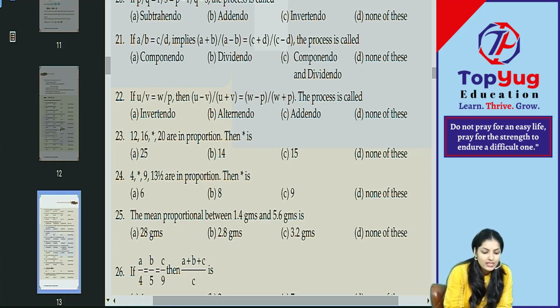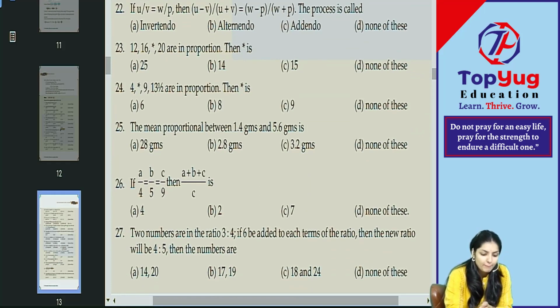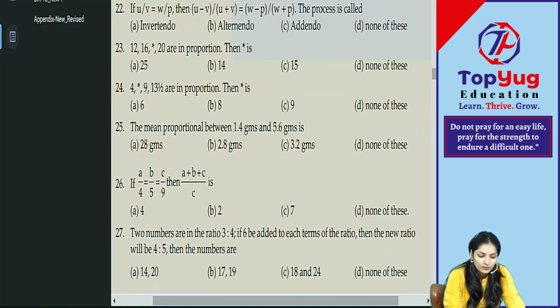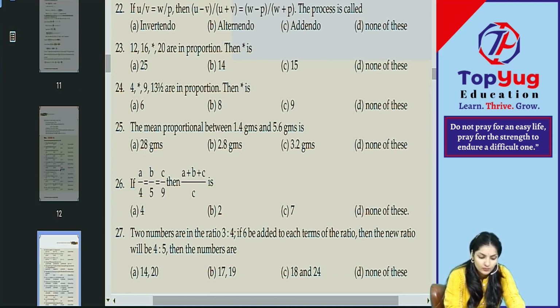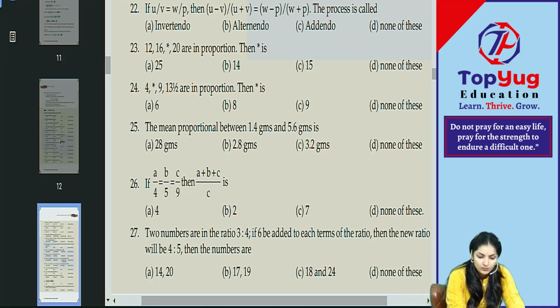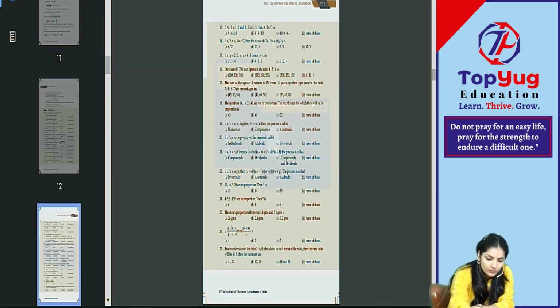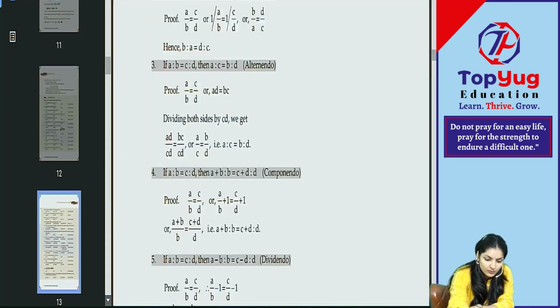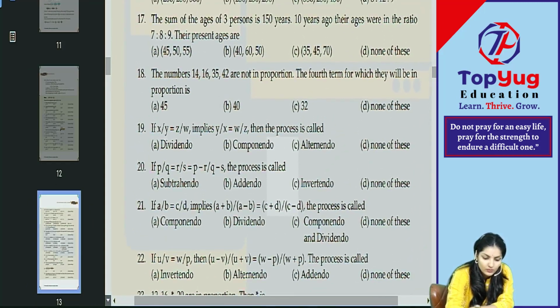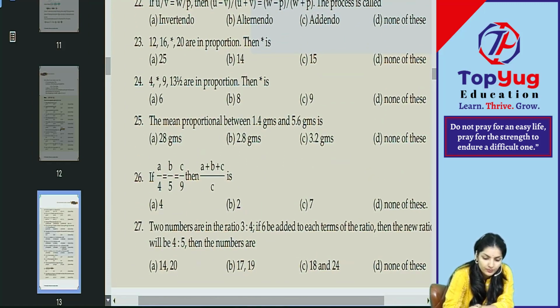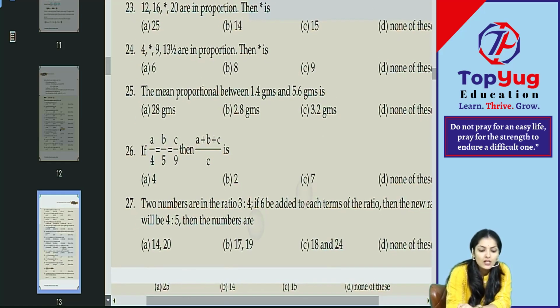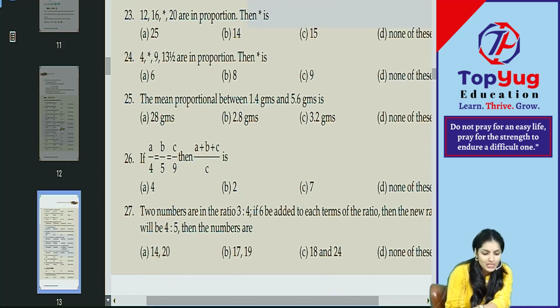Yeah, it is none of these because we don't have anything like this. Now 23rd one, tell me. 23rd one is product of the extremes is equal to product of the means, 15. Option C. 24th one.